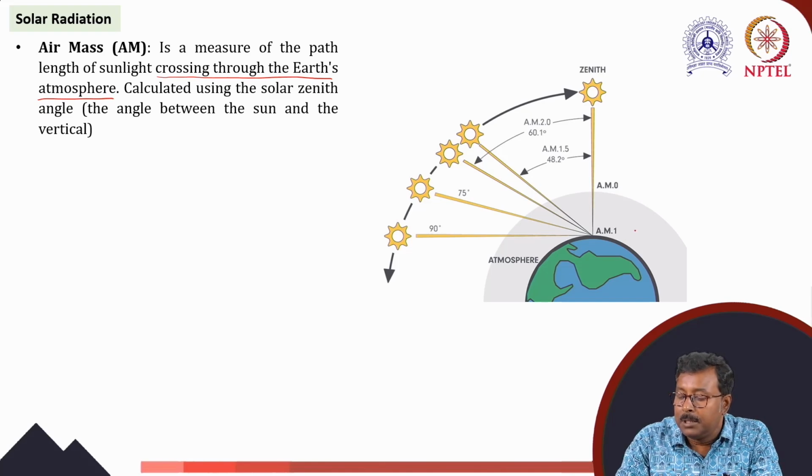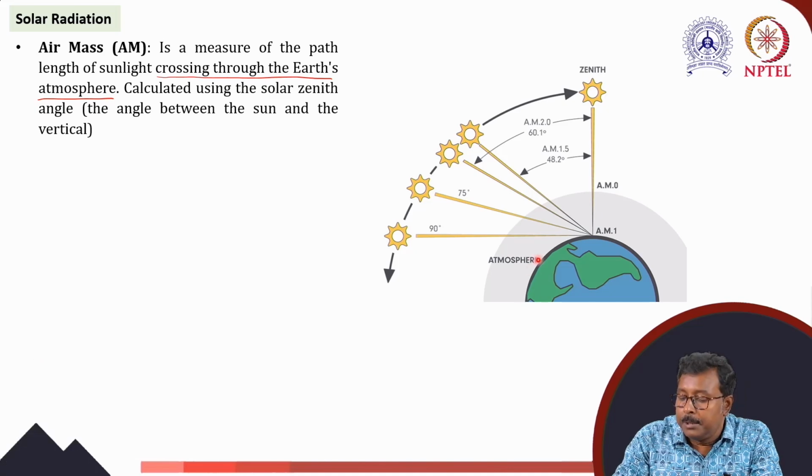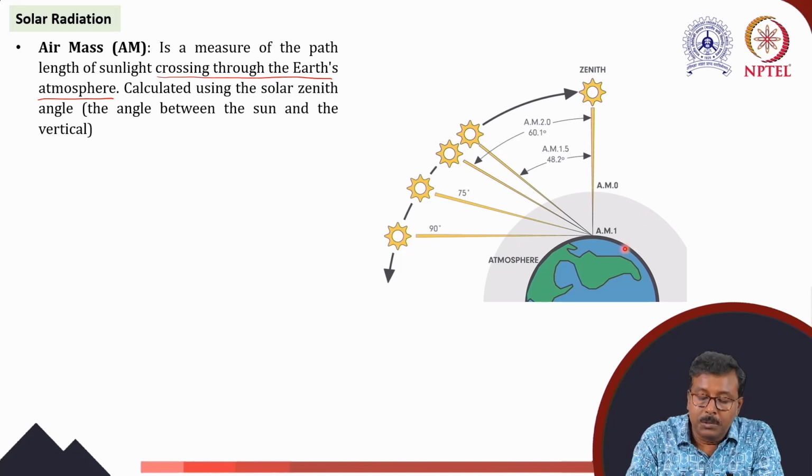Suppose this is the atmosphere and this is the Earth's surface. This length of atmosphere crossed by sunlight is called air mass.